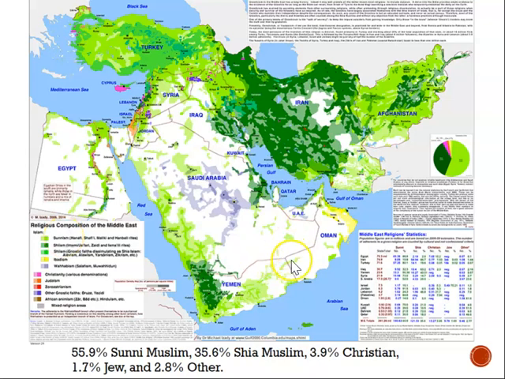So you can see primarily the whole area is dominated by Muslims. But you see the dark green areas are Shia Muslims. So you see them down in the Yemen area. You see them in Iran. This is where they're a majority. You see them in Iraq as well.